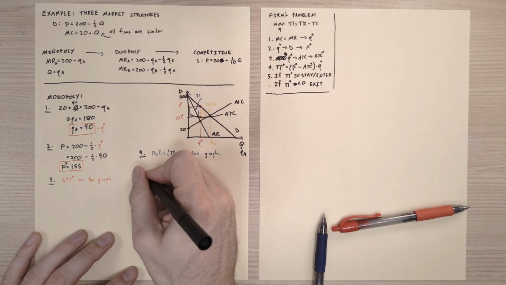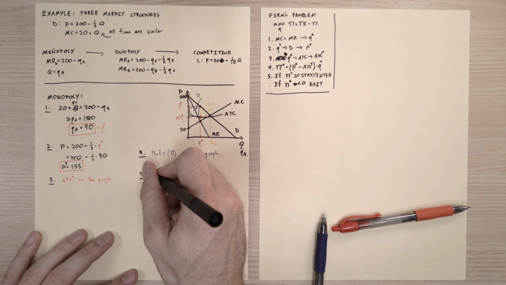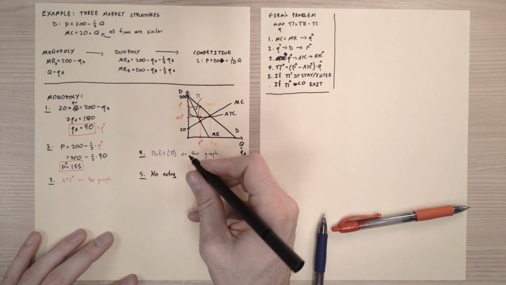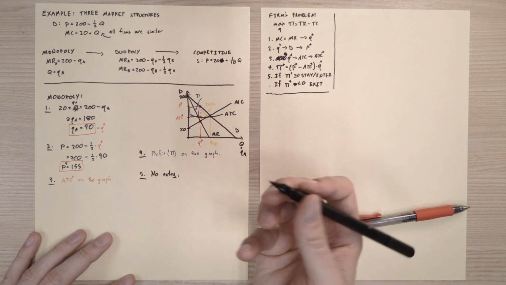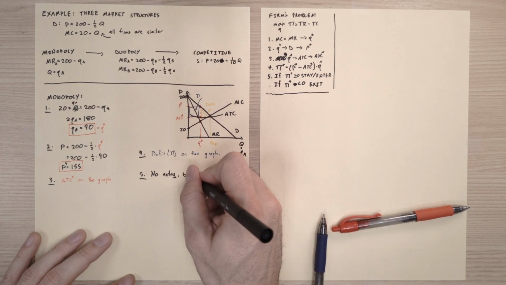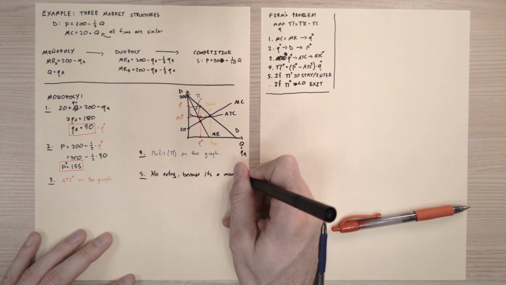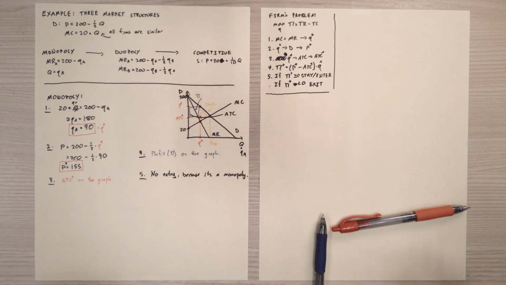And then step 5 is no entry, because it's a monopolist. All right, so nice. So this is the monopoly solution.